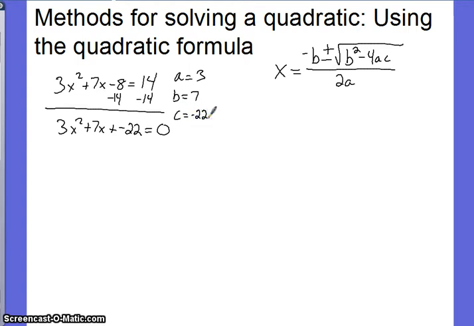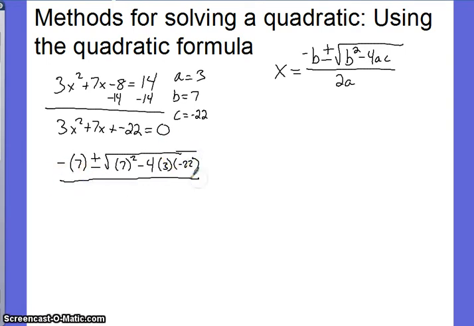So now I'm going to plug it into my quadratic formula. So I have minus b, so minus 7, plus or minus square root of 7 squared minus 4 times a, which is 3, times c, which is negative 22, all over 2 times 3.